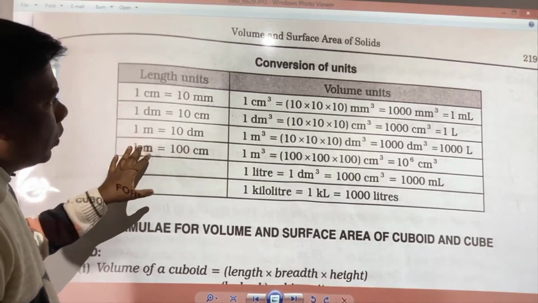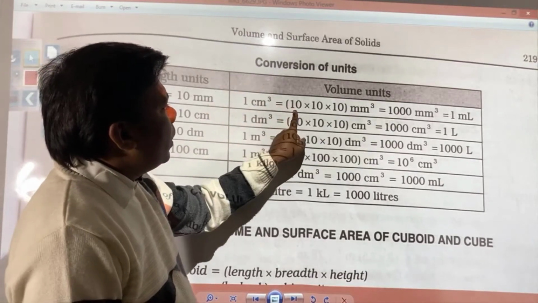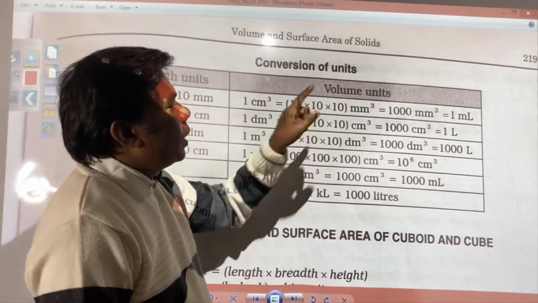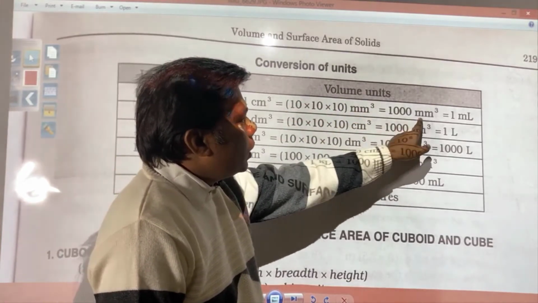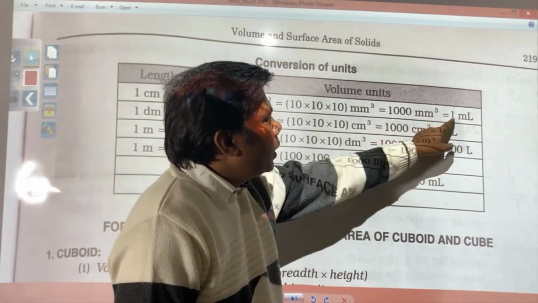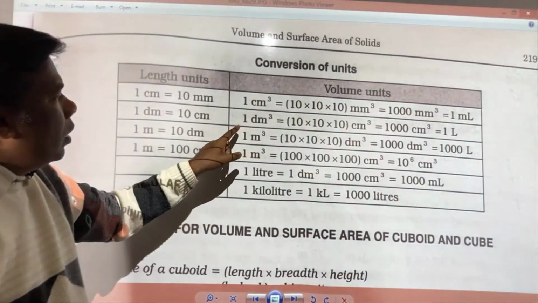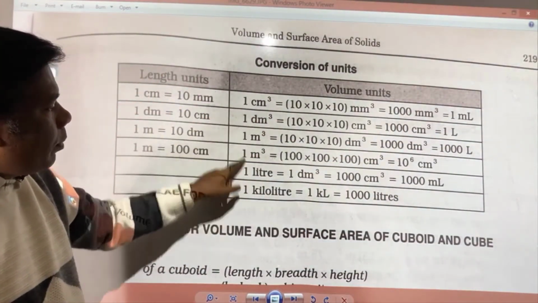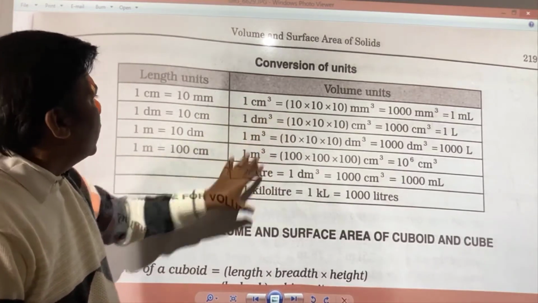So these things you need to understand. 1 centimeter cube is equal to what? 10 millimeter into 10 millimeter into 10 millimeter, that is 1000 mm cube. 1000 millimeter cube is called 1 ml. So that you need to remember. And these conversions have been given, you go through properly and remember them by heart.